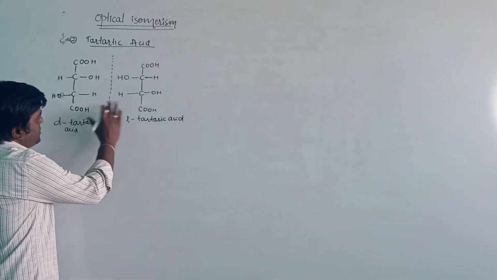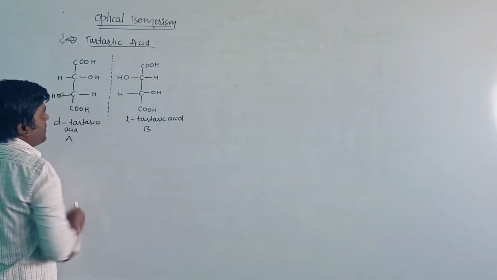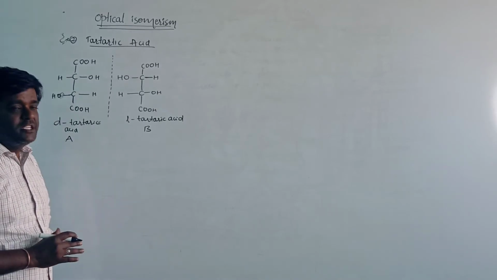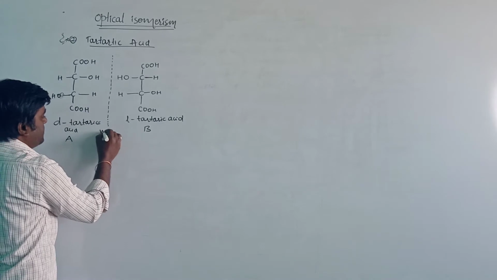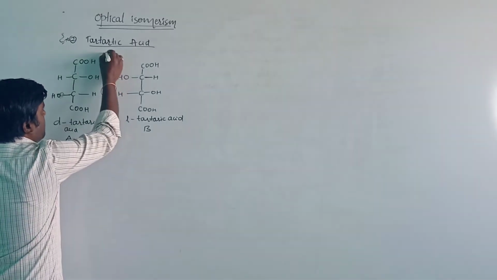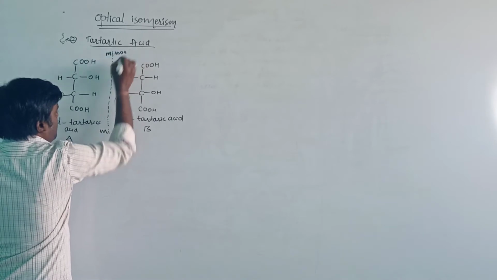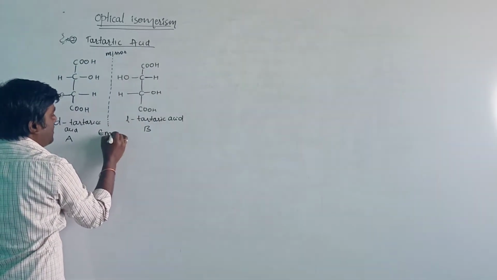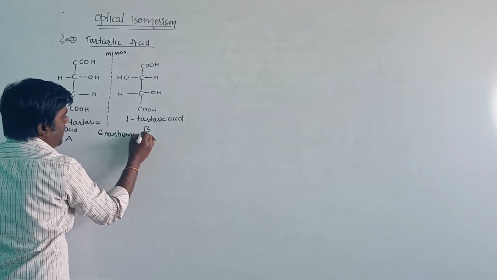When we observe these two structures, let's consider A and B. Both the compounds are mirror images of each other. Such compounds are known as enantiomers.